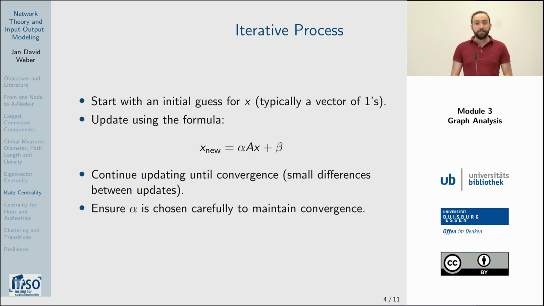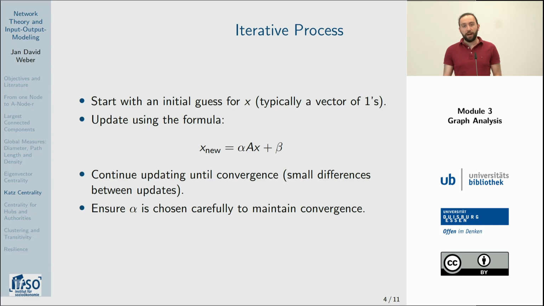And it's an iterative process, which means we start with an initial guess for the vector x. If you know iterative processes, we normally start with ones, because that is something really simple and mathematically easy to calculate and to process. So we have an updating process where the new x vector follows this: alpha times adjacency matrix times the old vector plus beta.